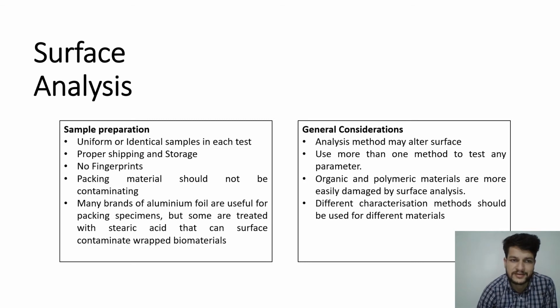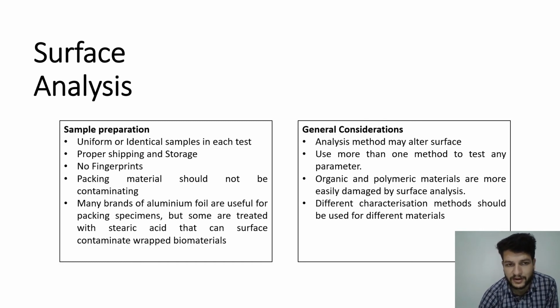So for surface analysis it is very critical to prepare the sample. Sample preparation is very important for the surface analysis of materials. The materials for surface analysis should be identical in each test, each batch of material should resemble each other as closely as possible, and there should be proper shipping and storage of these materials when they are sent for the tests.